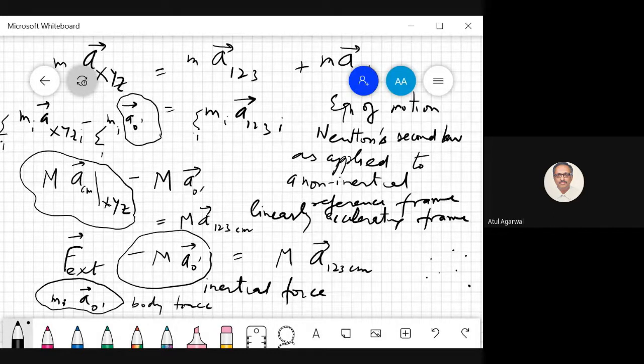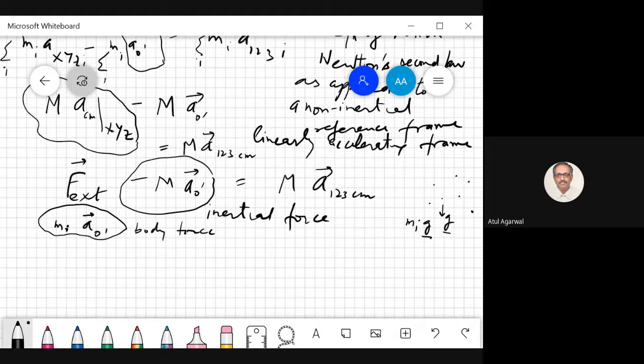Each particle is attracted downwards with acceleration g. So you say the force on each particle is m_i g. g is a vector. And what is the total force? Now g is a kind of uniform vector, so sigma m_i g. So this is the net body force.